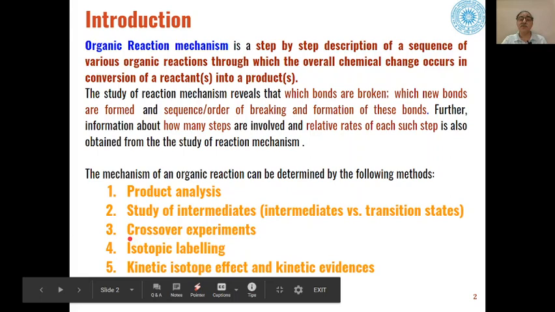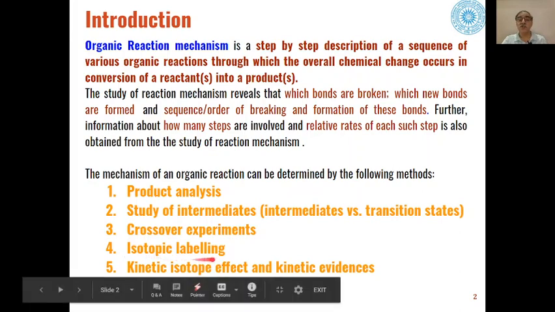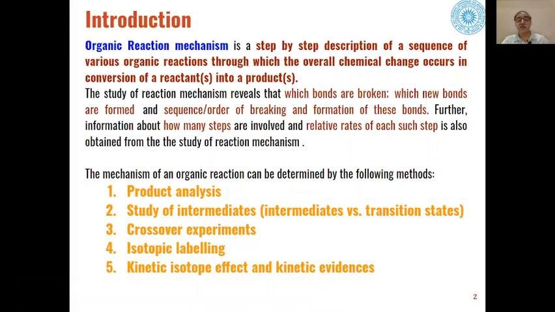Third are crossover experiments, which also tell us about the reaction mechanism. Fourth is isotopic labeling, which is also used to formulate an organic reaction mechanism. And last is kinetic isotope effects and other evidence in terms of kinetics and stereochemistry of these organic reactions.